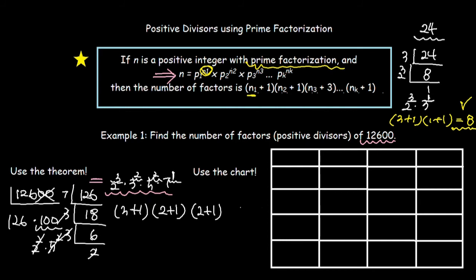There's an imaginary 1 there, so it'll be 1 plus 1. 3 plus 1 gives you 4 times 3 times 3 times 2. And this will be 4 times 3, 12. 12 times 6, 72. So we know that this number, 12,600, has a total of 72 factors.